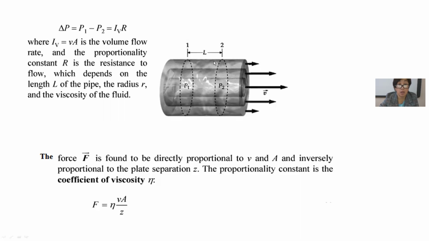and one segment on the tube, and L, the length of the pipe, and radius R, and the viscosity of the fluid we know. The proportional constant is the coefficient of viscosity, eta.